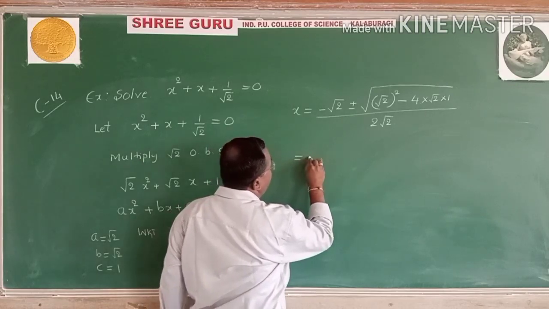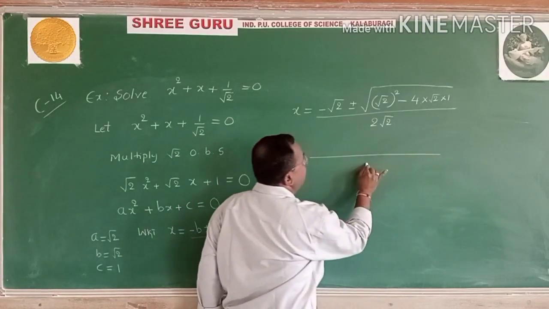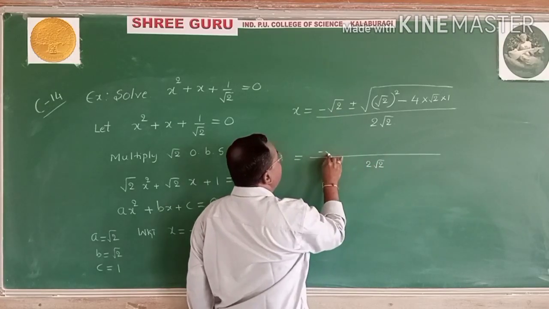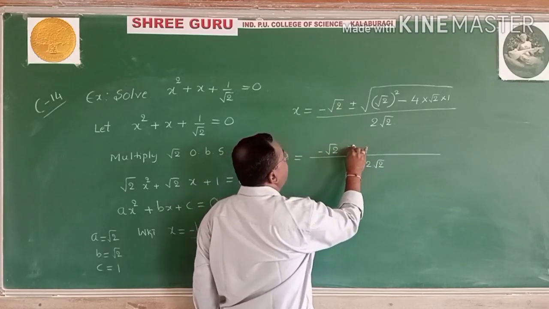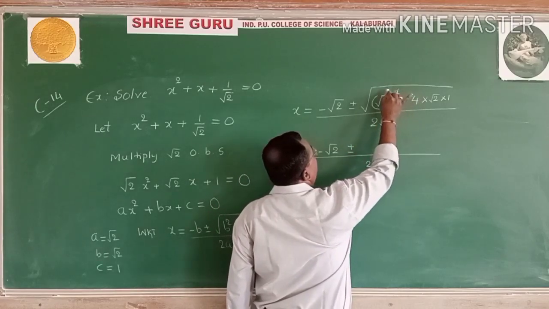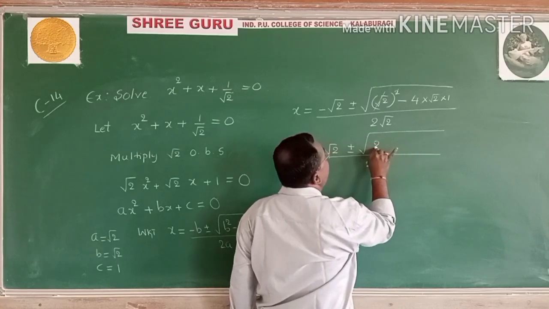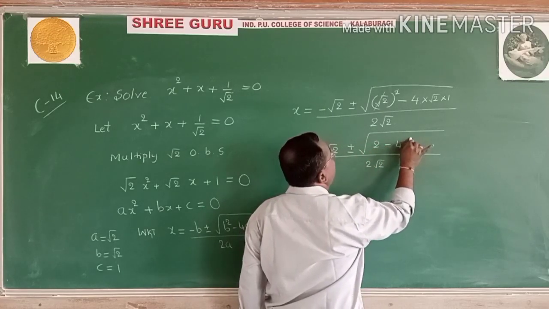Next, the denominator we keep as it is, 2 root 2. Minus root 2 as it is, plus or minus square and root cancel, 2 minus 4 root 2.